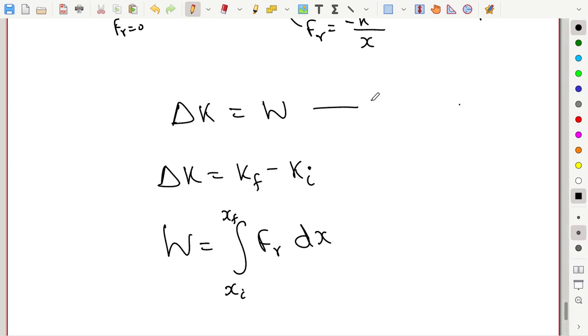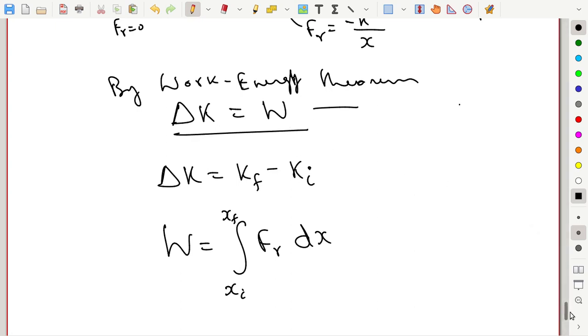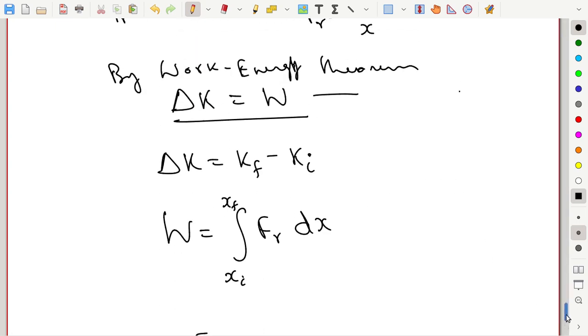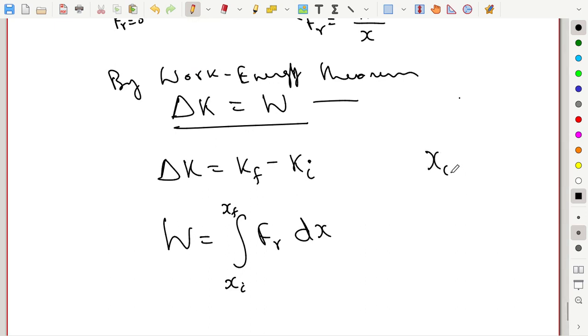This is by the work energy theorem. By the work energy theorem, we have this relation, and we have a separate formula for both of these. Okay, so here the initial position is xi equal to 0.1 meters.